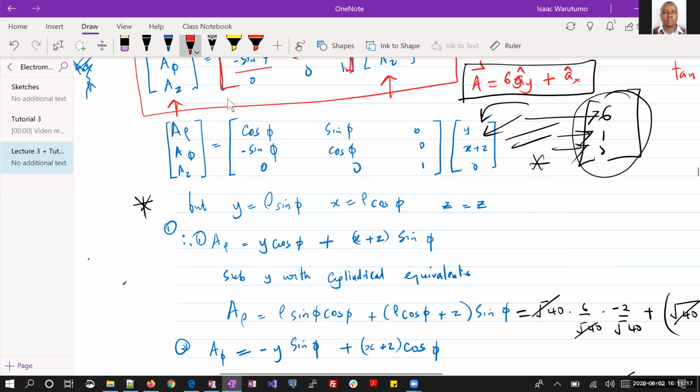If I was going to write my A vector as A rho a_x plus A phi a_y plus A z a_z, then we would place these values directly here.